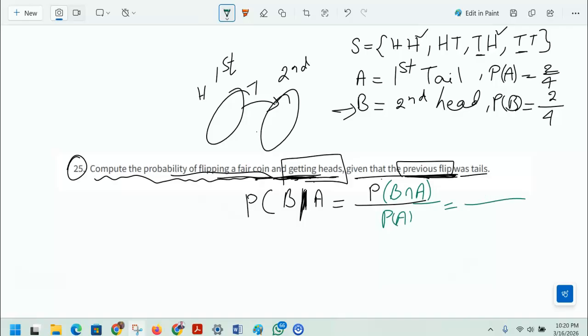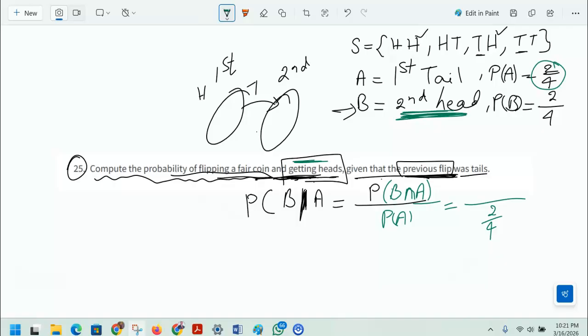Now the probability of A is here, it is 2 out of 4. And for A and B, that means B is second head and A is first tail.